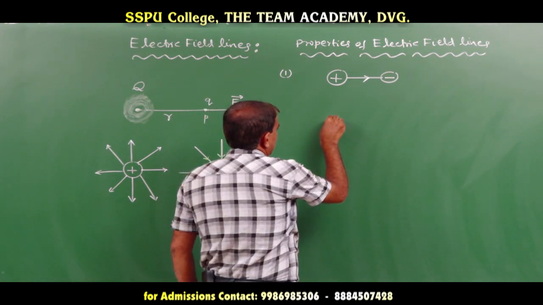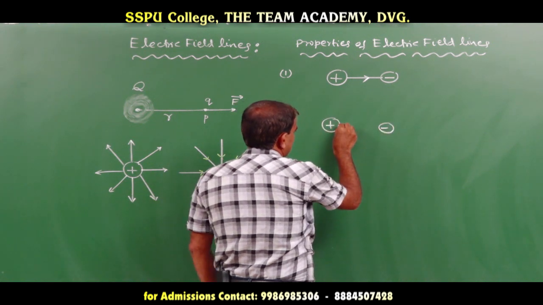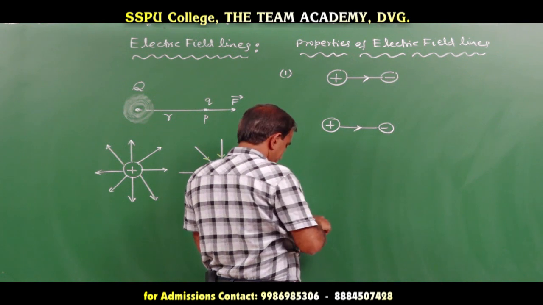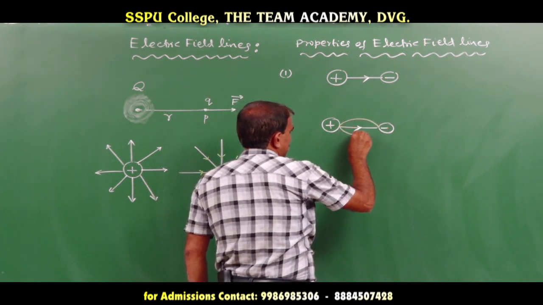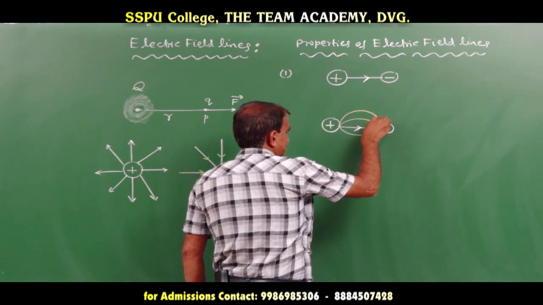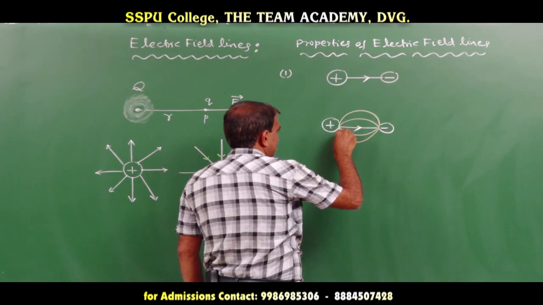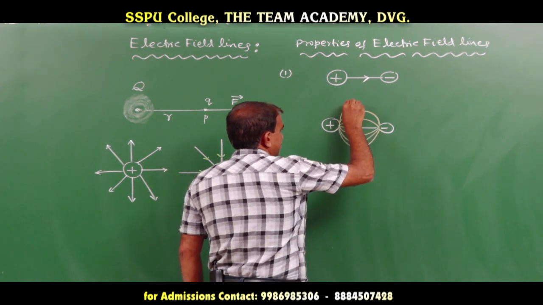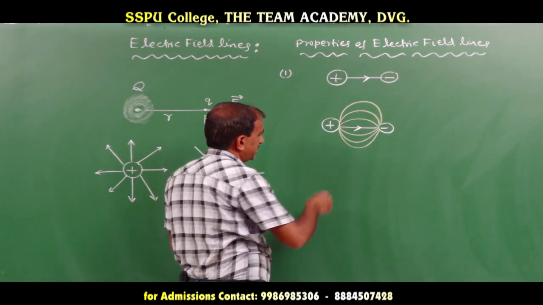We can draw the electric field lines for a positive charge and a negative charge like this. These are the electric field lines for a positive charge and a negative charge placed close to each other, separated by a small distance.